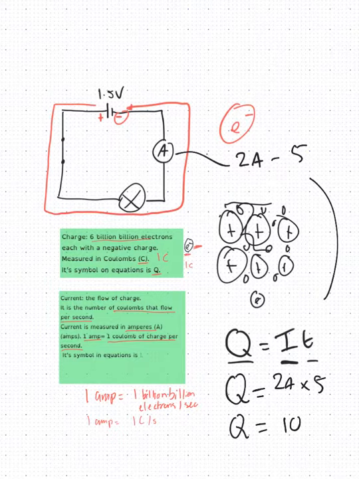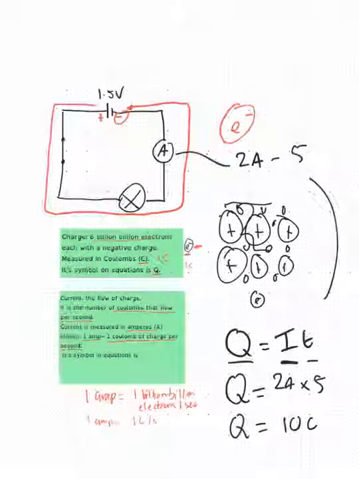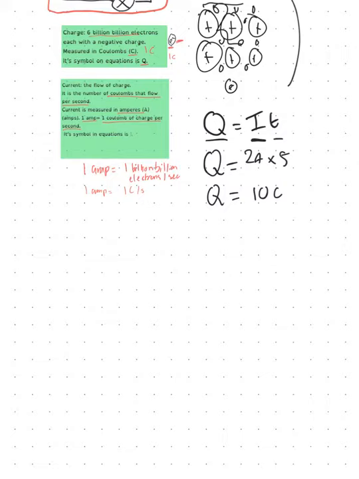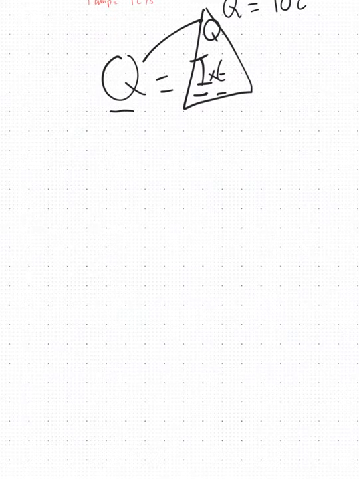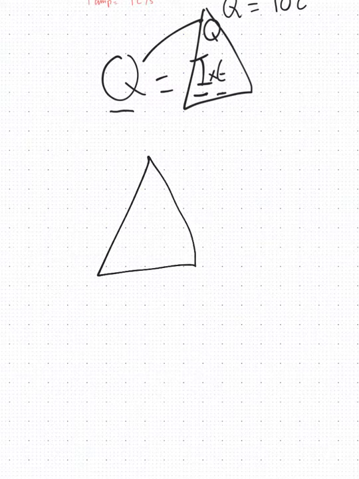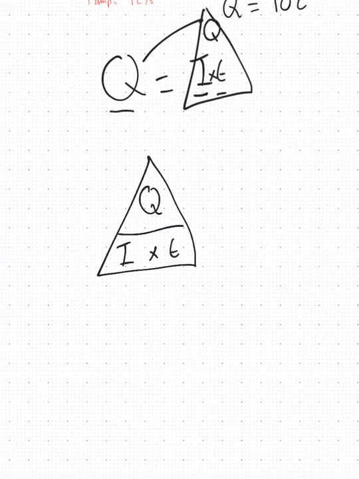So Q equals 10 C. And remember that we can convert this formula into a formula triangle, which is going to help us. Wherever you see two things that are multiplied together, you find the thing that you're trying to find out and make it a triangle. So Q at the top, current times time.